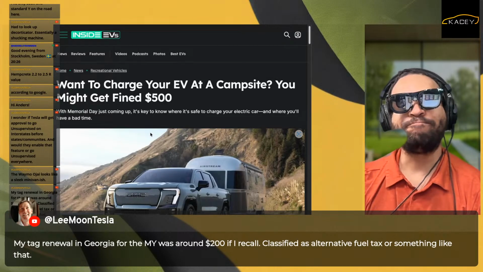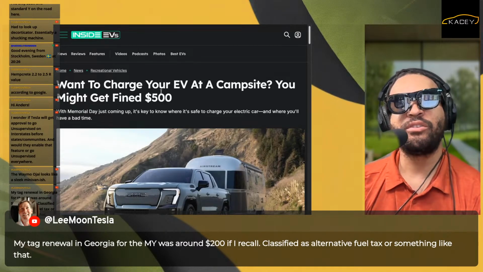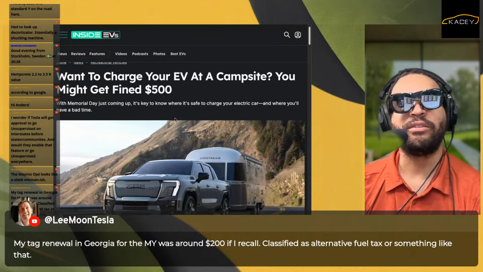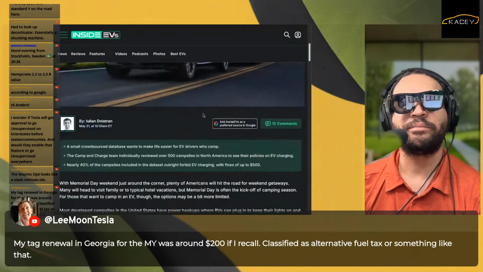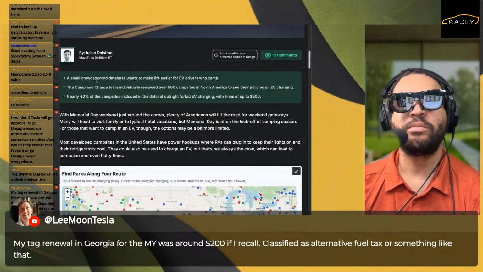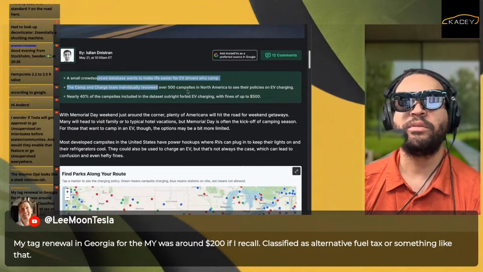Anyway, want to charge your EV at a campsite? You might get fined $500. Where it's safe to charge your electric car and where you'll have a bad time. Small crowdsourced database wants to make life easier for EV drivers who camp. The Camp and Charge has individually reviewed over 500 campsites in North America to see their policies on EV charging.